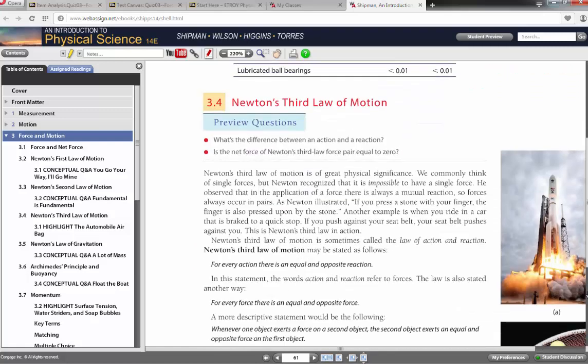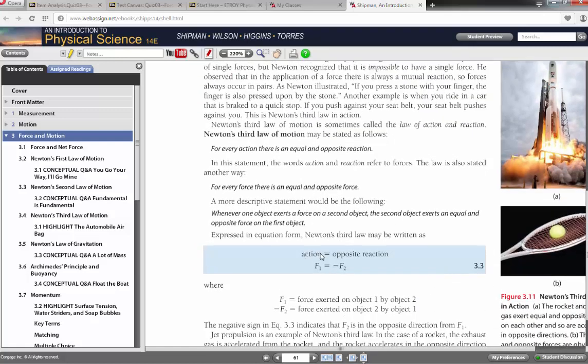Newton's third law of motion is the one that is sometimes called action-reaction. It says the action force is equal to the opposite of the reaction force. F1 equals negative F2, where F1 is the force exerted on object 1 by object 2, and F2 is the force exerted on object 2 by object 1.